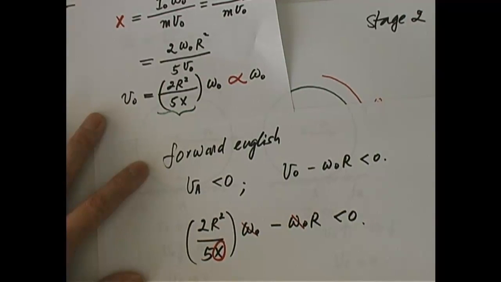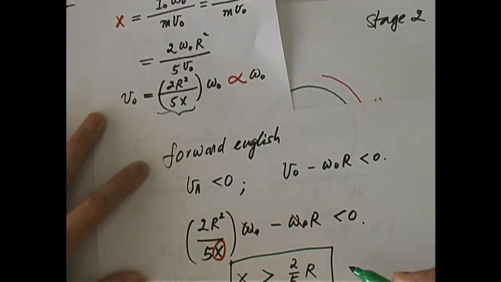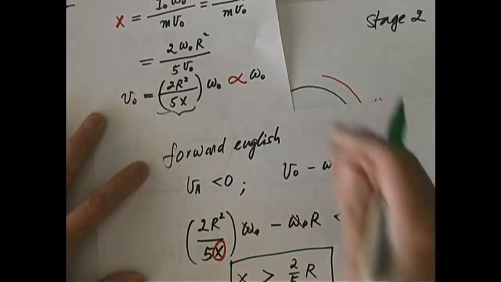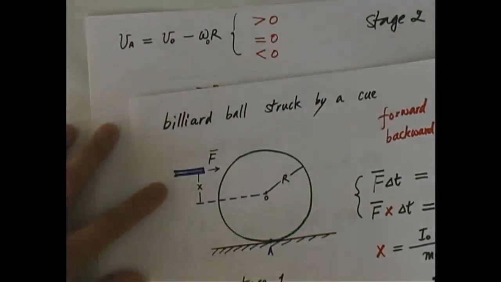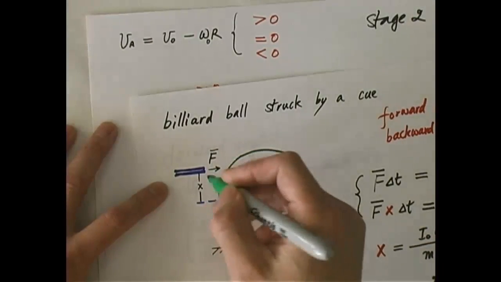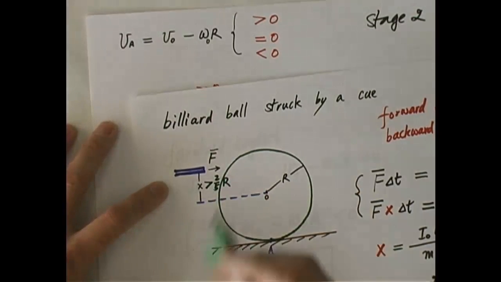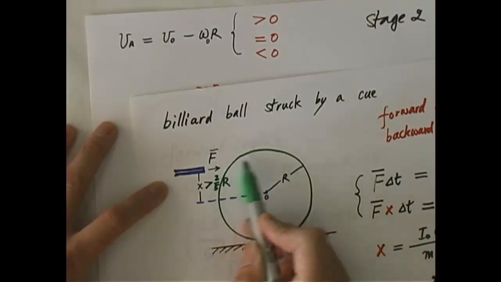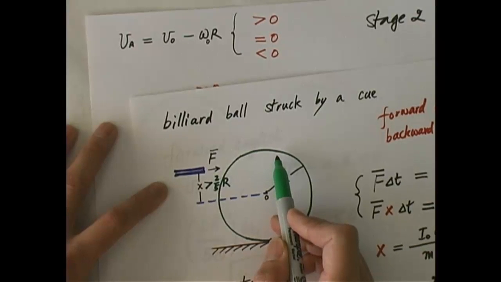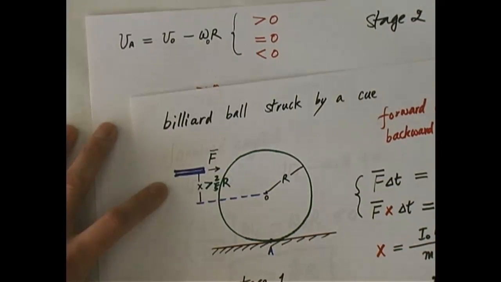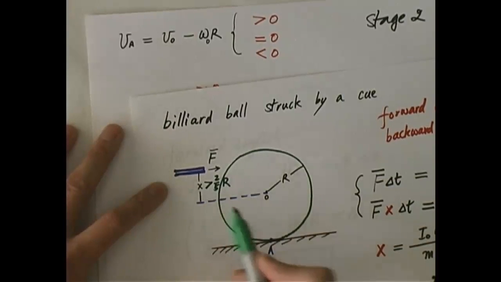So what is x equal to? x must be greater than 2 over 5 r. That is the condition for forward English, which means when you strike the ball, x has to be higher than 2 over 5 times r. You must strike it pretty close to the top of the ball, and that's how you cause a forward English. If you strike it lower than that, you're going to get backward English.